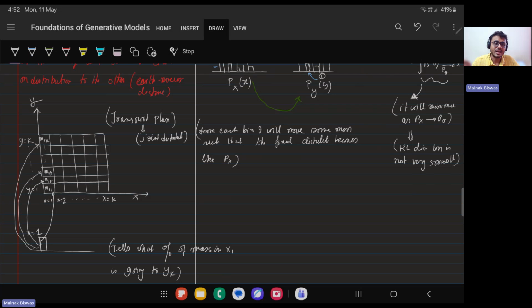For every bin that I have, X1, X2, X3, X4, and so on till XK, I'm going to move some percentage of that mass to the bins 1 to K.